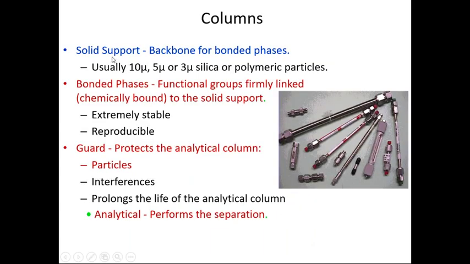The solid support inside, as most HPLC columns are steel columns, is filled with particles of varying sizes, as I said. The columns which we use in LC-MS/MS are 1.7 micron. The LC in LC-MS/MS is nothing but high performance liquid chromatography or ultra performance liquid chromatography.